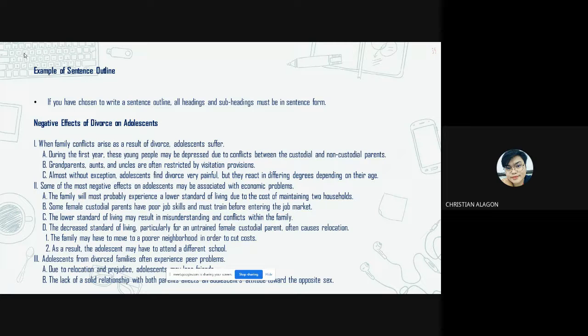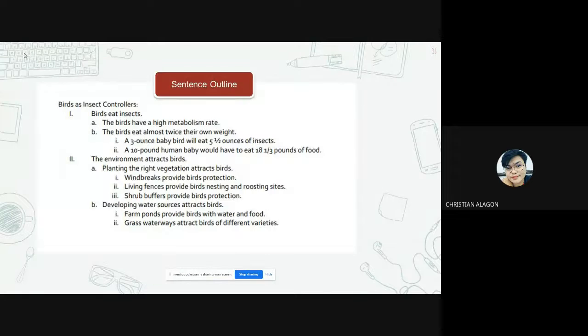So in sentence outline, we need to form our main idea into a sentence, as you can see in our example. And don't worry, I have here also one example for you to understand what is sentence outline. So, sentence outline, the topic is birds eat insects.